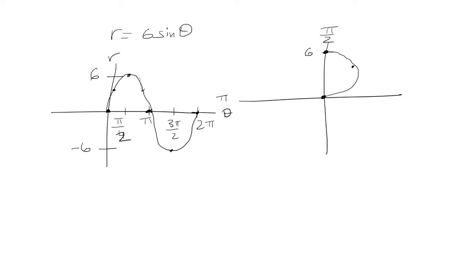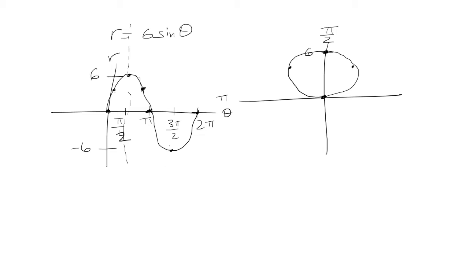So if I pick a point here, let's say 3 pi over 4, that's the same point as this. So do you see that it's symmetric? Like if I was to cut it through pi over 2, these values are all the same. It's just the other side. So we get a nice circle.